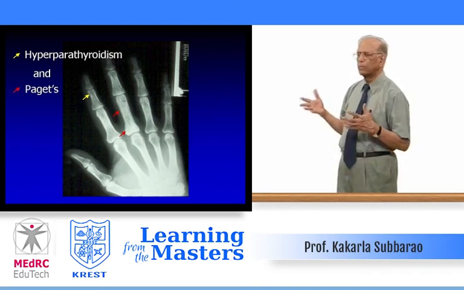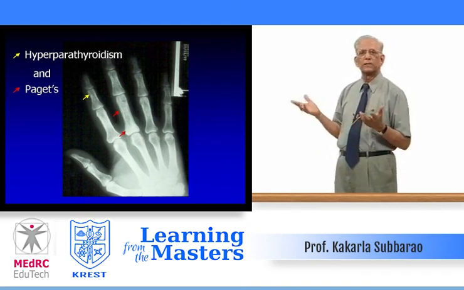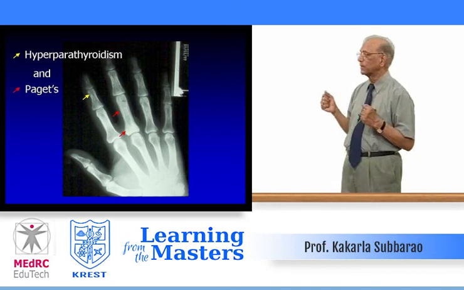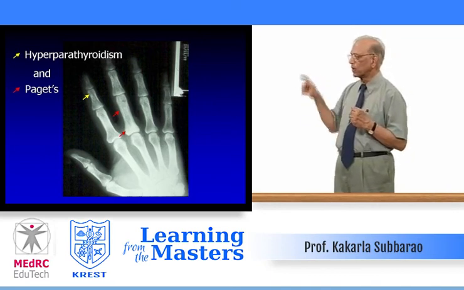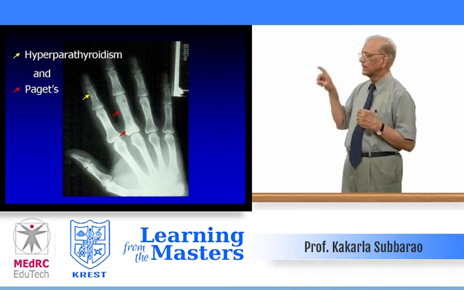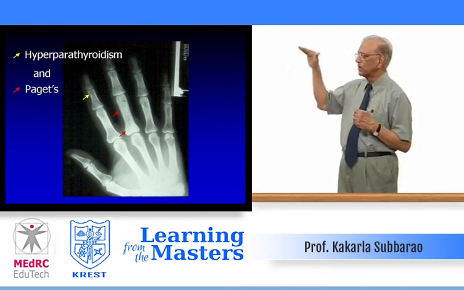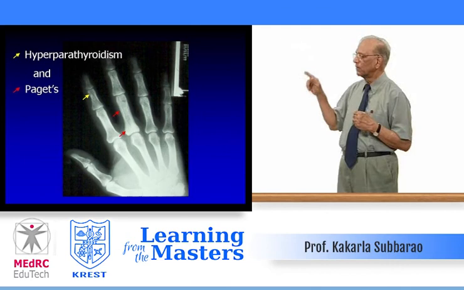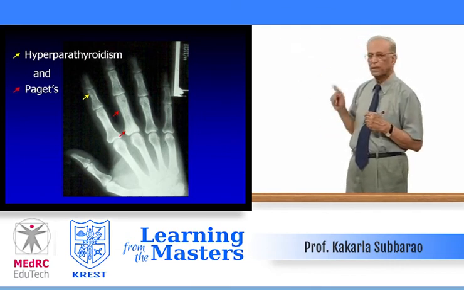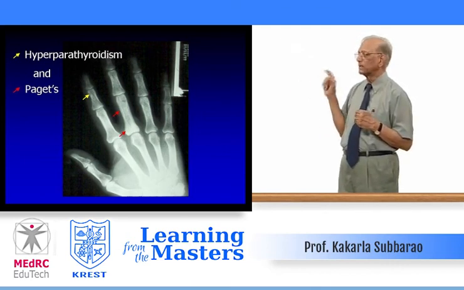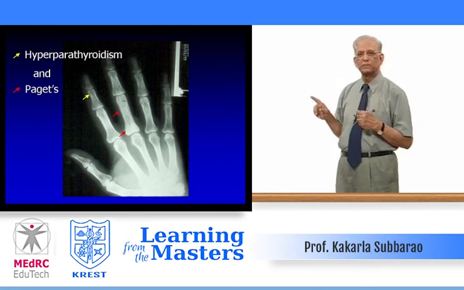And then hyperparathyroidism and Paget can coexist. How can you tell one from the other? If you look at the proximal phalanx of the middle finger, it is dense and sclerotic. The process goes all the way to either articular end. Whereas if you look at the lateral border of the middle phalanx of the index finger, there is subperiosteal resorption of bone.